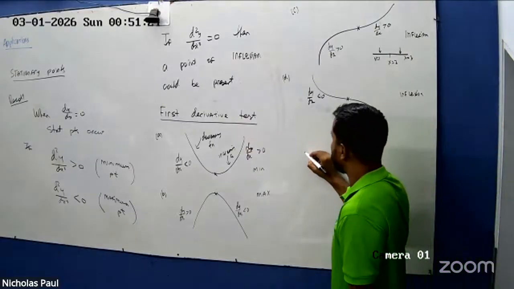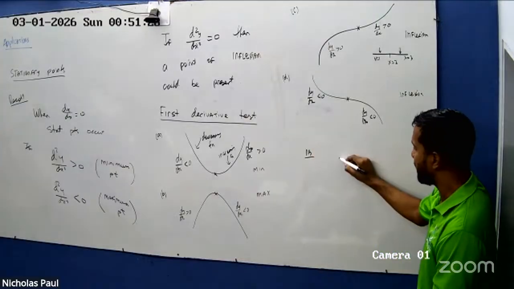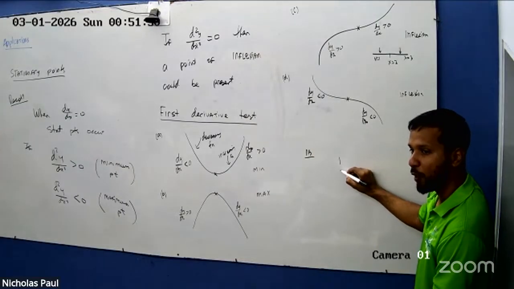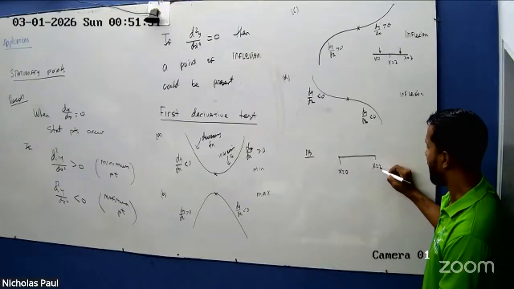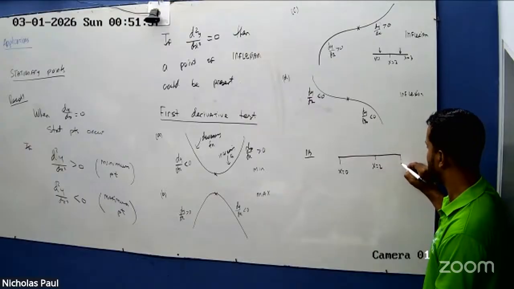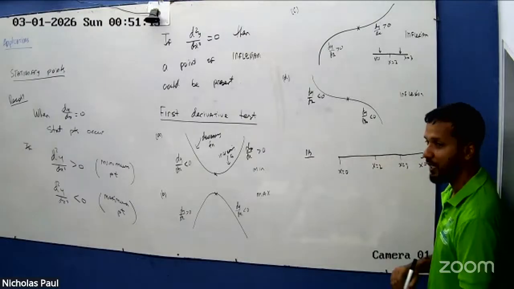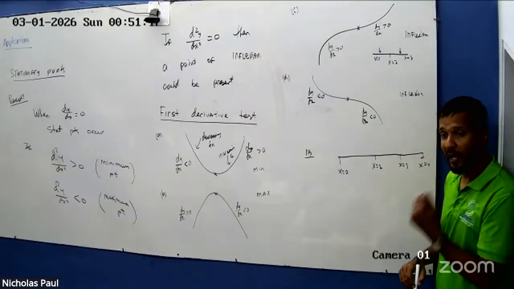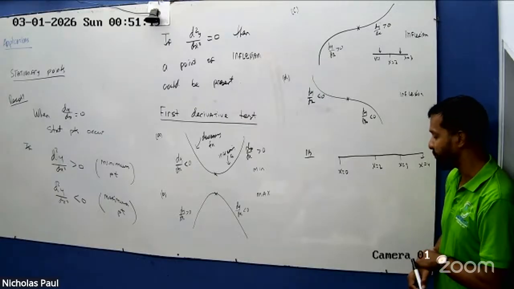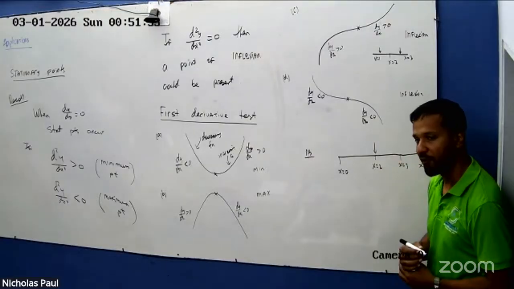So I have a small question. Note that if we have something like this, let's say our stationary points are x is 0, x is 2, x is 3, and x is 4. Let's say that's it, and we would like to determine if at this point there's a point of inflection.